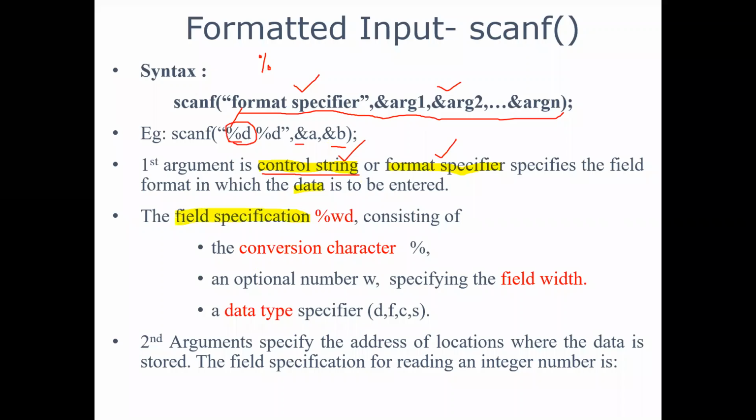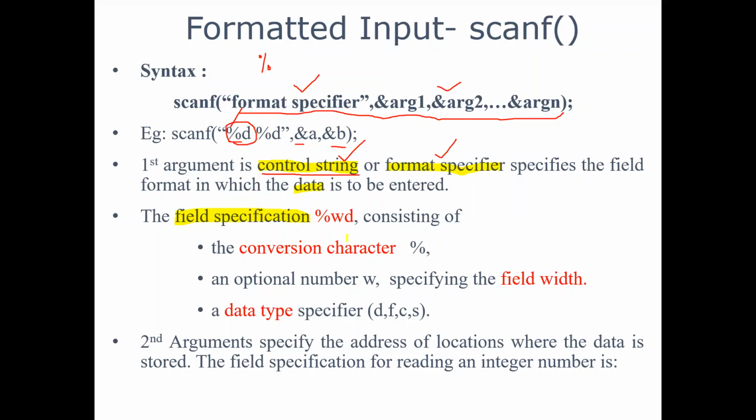If these terms change, you should still know them. So control string, field specifier, format specifier, field specification all mean the same: controlling the format of the data being entered using the scanf function. The usual format specifier we were using was only %d, right?